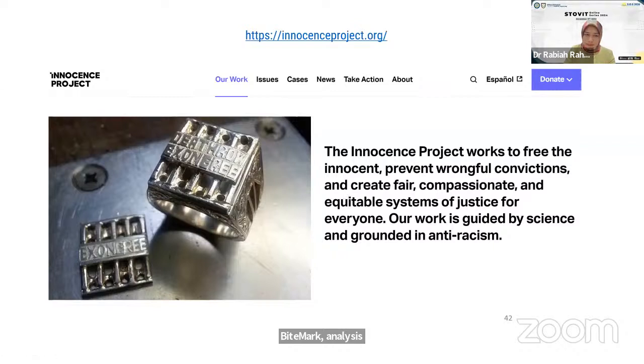In the US, for example, they have a project called the Innocence Project, where they try to help those who were wrongly convicted, using a fair and scientific system.